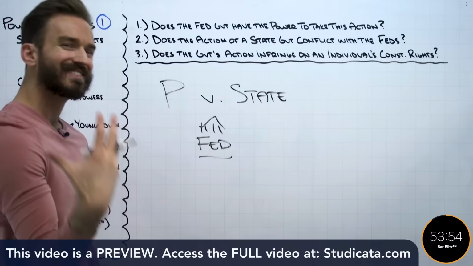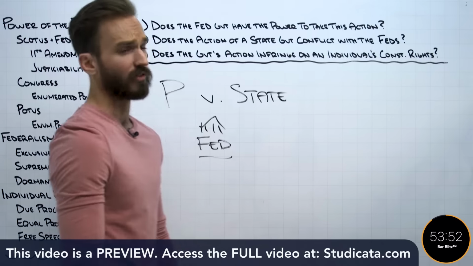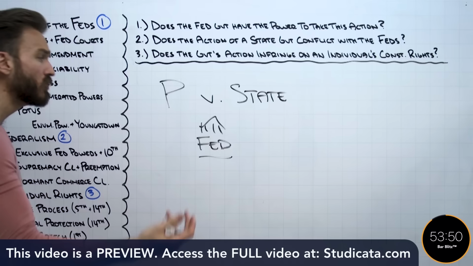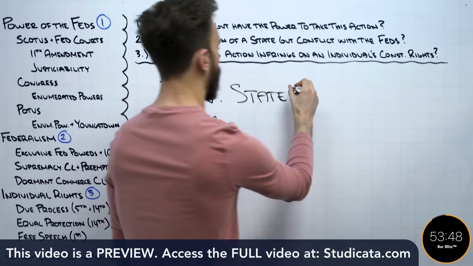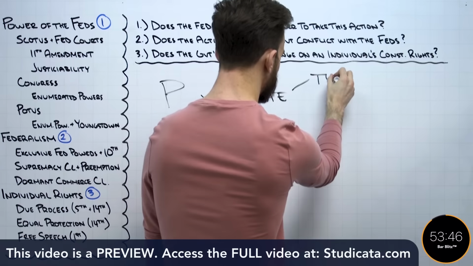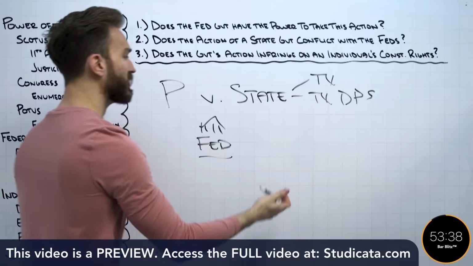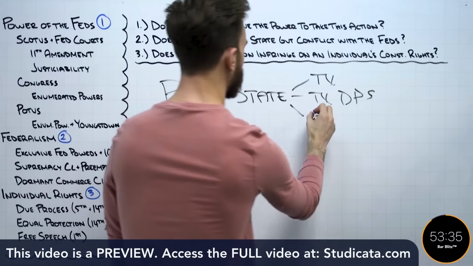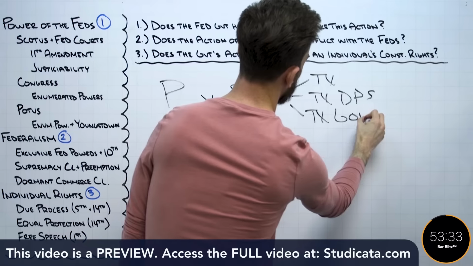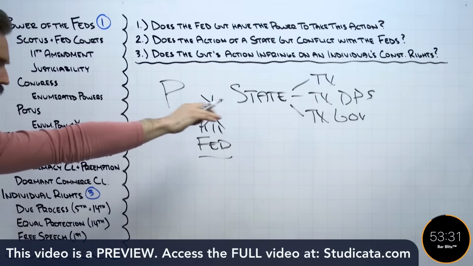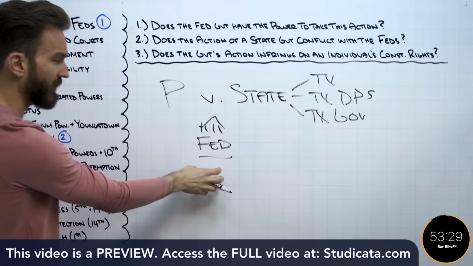The 11th Amendment is the state sovereign immunity clause. The 11th Amendment provides immunity to states. So this could be like Texas, to agencies of the state, like the Texas Department of Public Safety, all the departments and agencies of the state, and state officials. This could be like the governor of Texas. All of these parties have immunity in federal court.